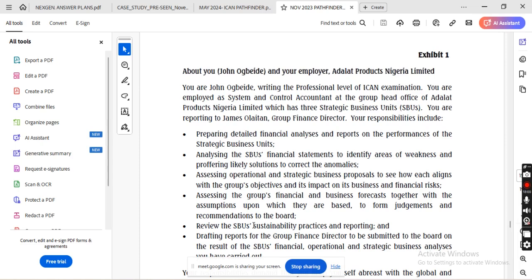Now, setting the group financial and business forecast. This is to tell you that when you are doing that proposal, most likely there will be a business forecast.